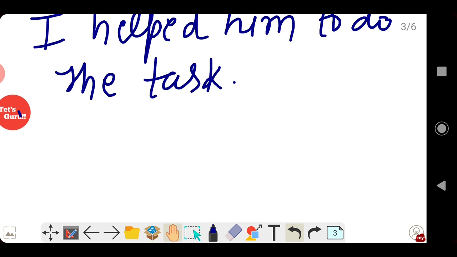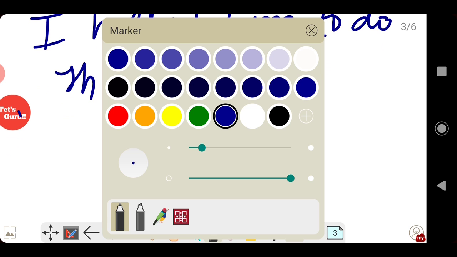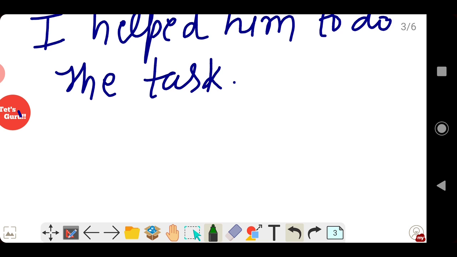And what about the negative sentence? Let me take the green color this time. I helped him to do the task. When it comes to the negative sentence, how can you make it? That is pretty easy.